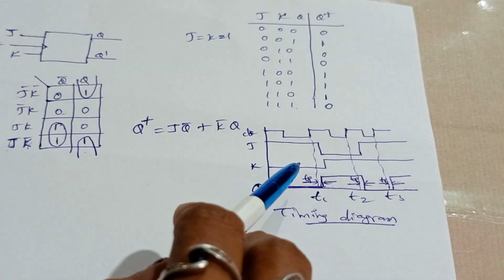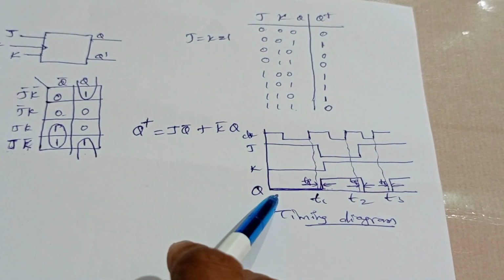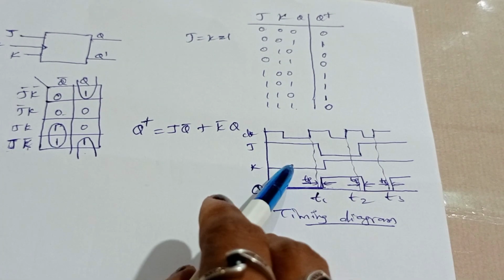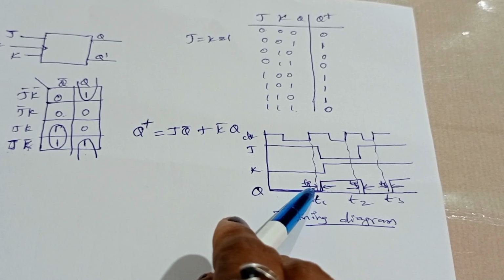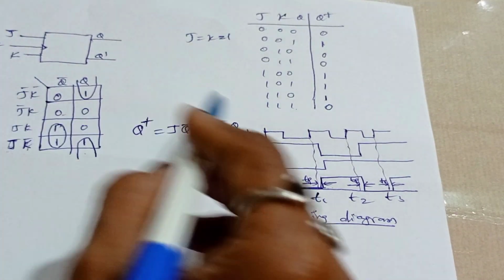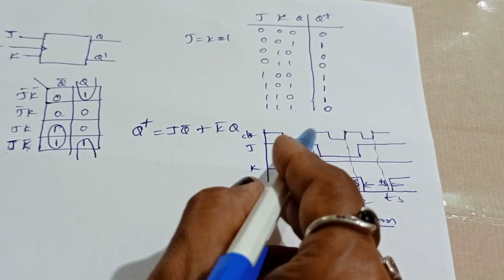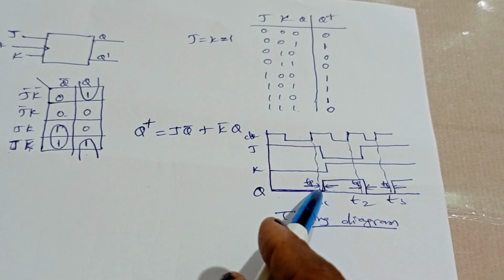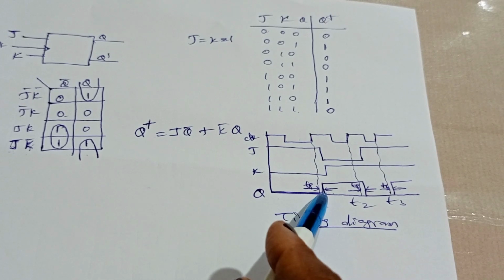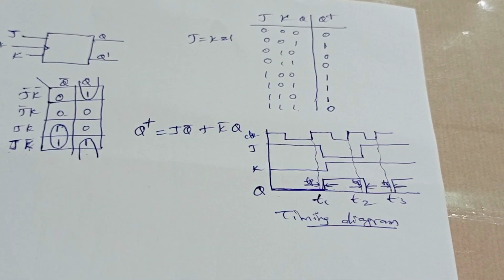The flip-flop changes state a short time after the rising edge of the clock pulse. Here is the rising edge, and there will be some short time, after that it will change the state.